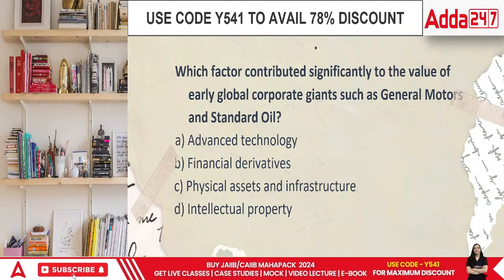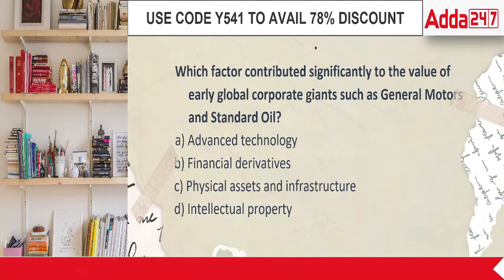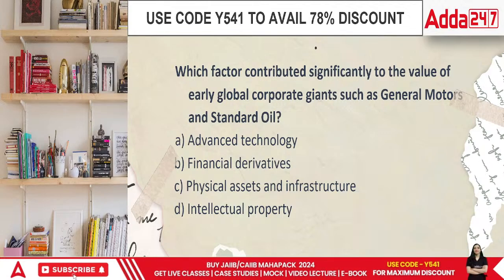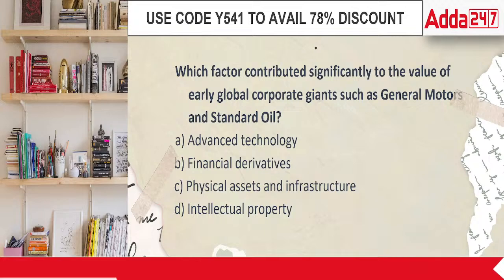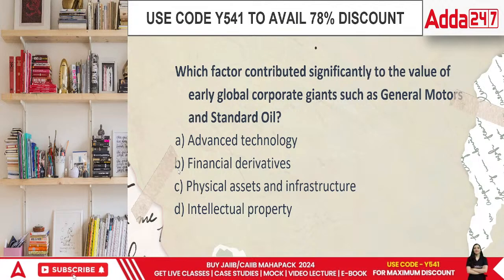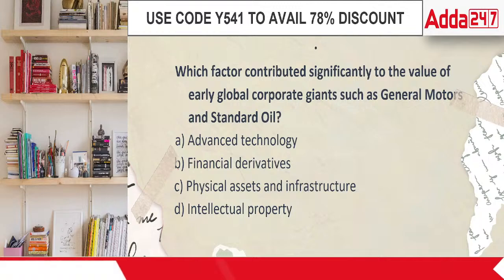What would be the answer in this case, everyone? Acha, next question. Which factor contributed significantly to the value of early global corporate giants such as General Motors and Standard Oil? Advanced technology, financial derivatives, physical assets and infrastructure, or intellectual property. When we talk about General Motors, these organizations were super cool. They had something which most organizations couldn't even dream of.